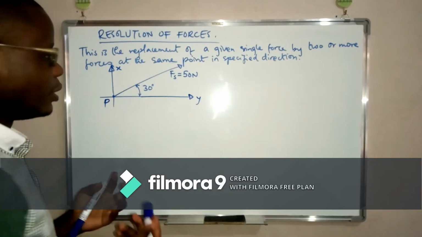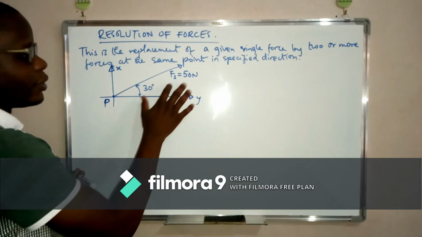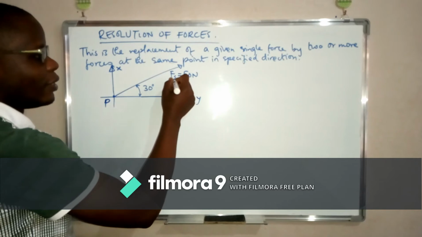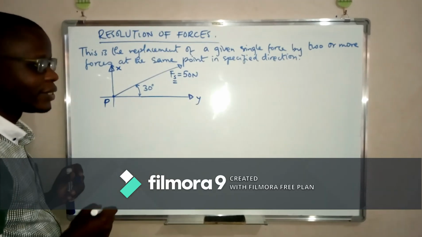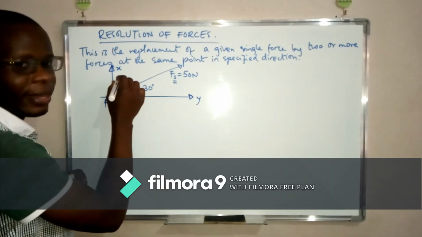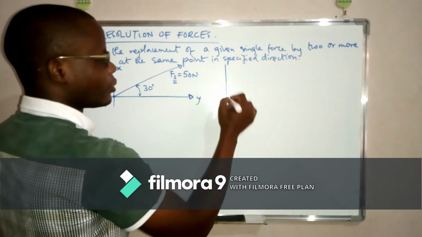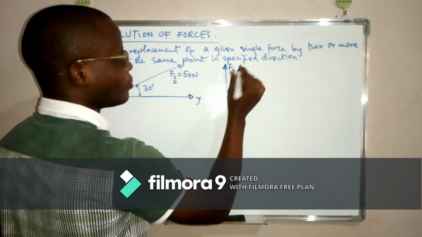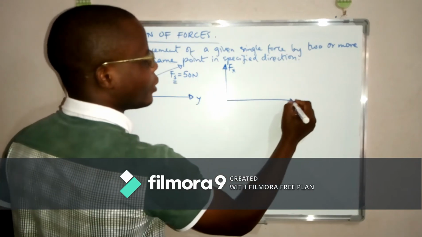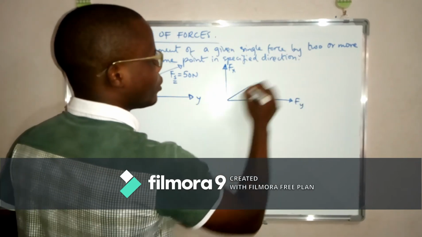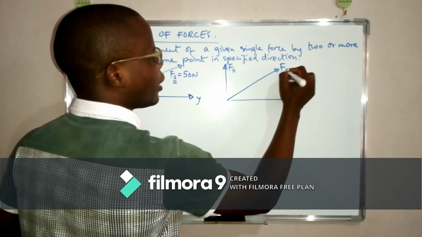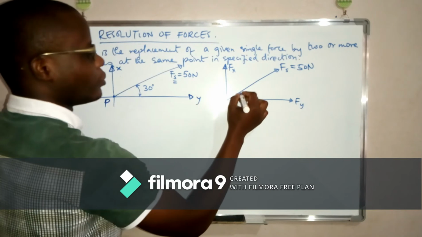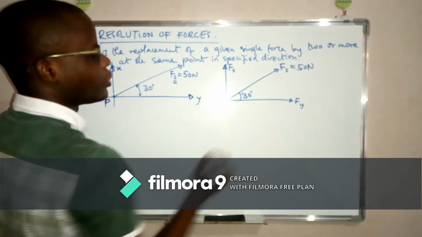In getting the resolution of this force Fs, I have to get it in the y direction and in the x direction. So you have to get Fx and Fy of Fs. And remember, Fs is 50 newtons, which is acting at 30 degrees.